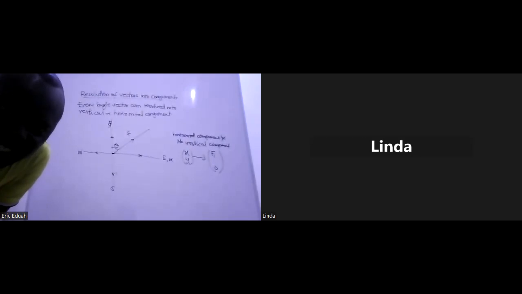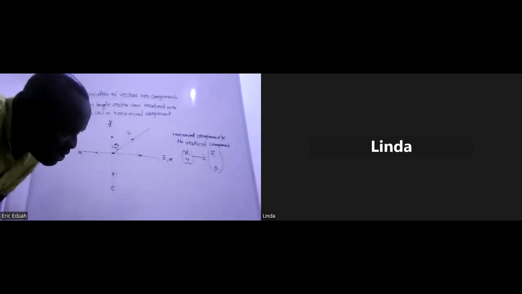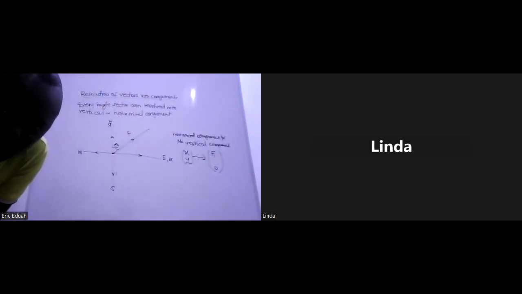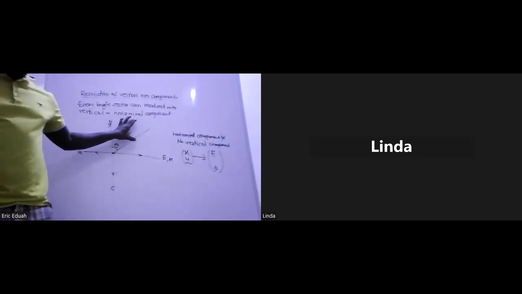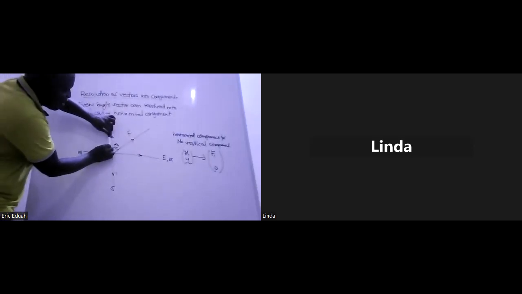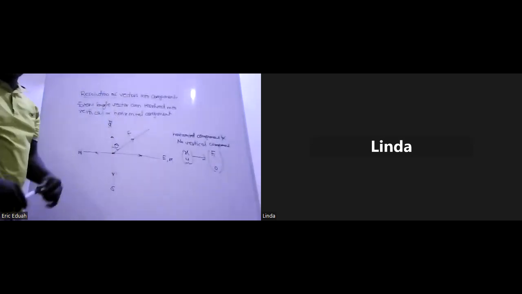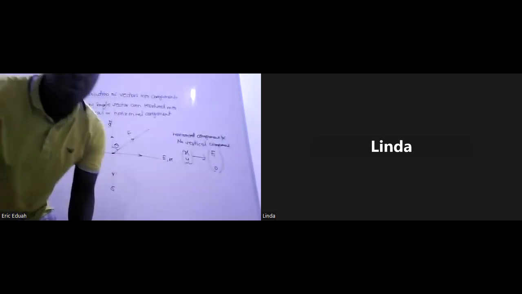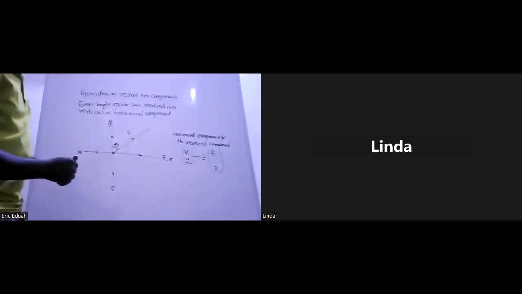The question is: resolve the vector F into its vertical and horizontal components. Once the vector isn't lying on the x, neither on the y, it will have both x and y components.